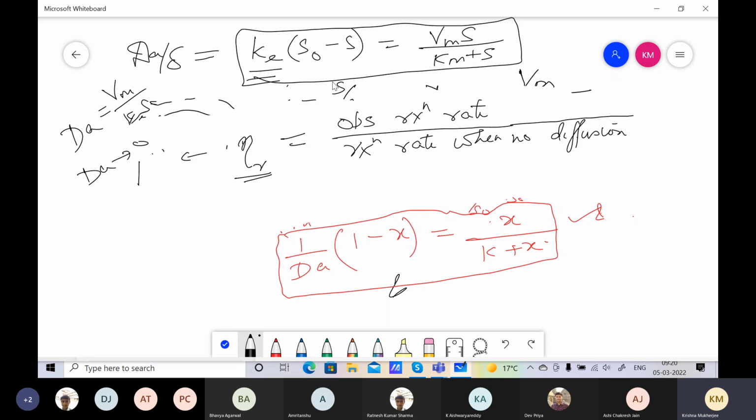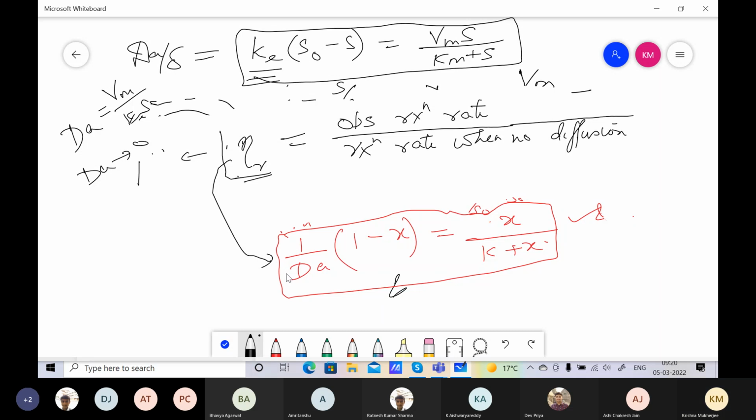Also, when S naught is much larger than K, then also this efficiency will be equal to 1. So now you see the relation. Now let us see whether you can derive the relationship between the efficiency of the reaction and the Damkohler number, for low values and for high values of the Damkohler number.